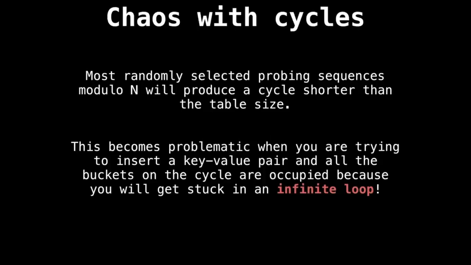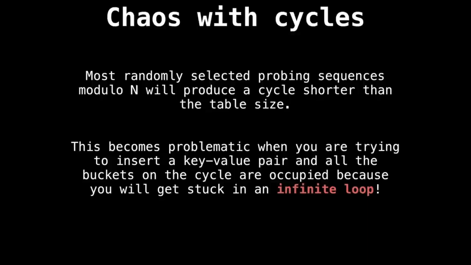Alright, so here's the big issue with open addressing. Most probing sequences that we choose, modulo n, are going to end up producing some sort of cycle, shorter than the table size itself.